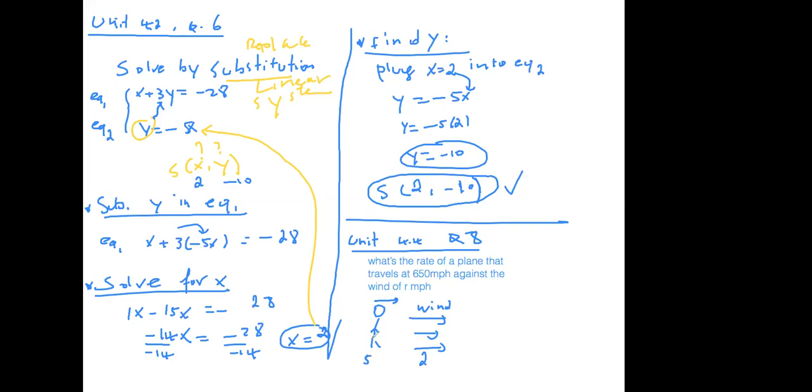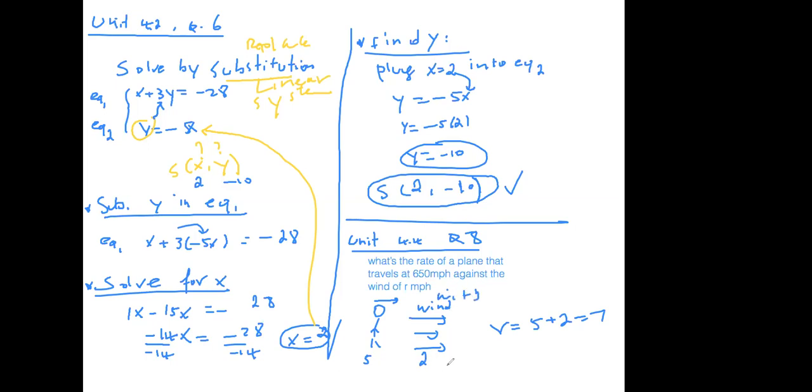What happens to your speed if the wind is traveling your way? Is your speed going to increase or decrease? Increase. The wind is traveling in the same direction as you, so it will push you forward, it will help you. So your new rate or speed will be 5 plus 2. It's increased. This is what we mean with the wind.